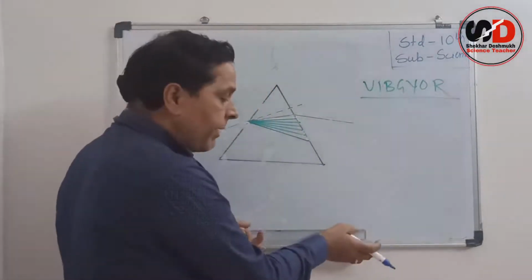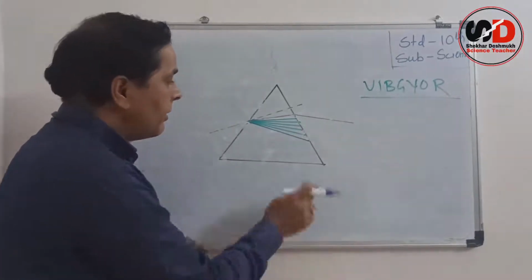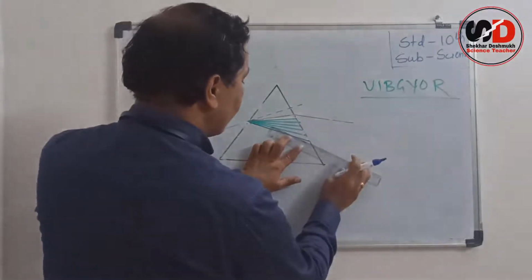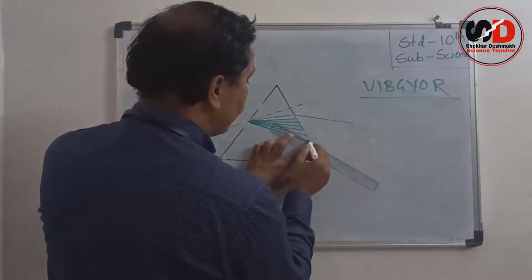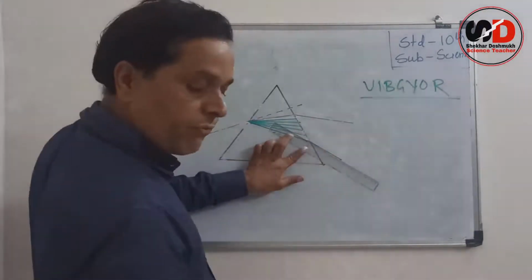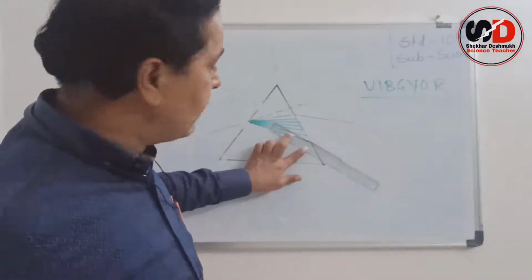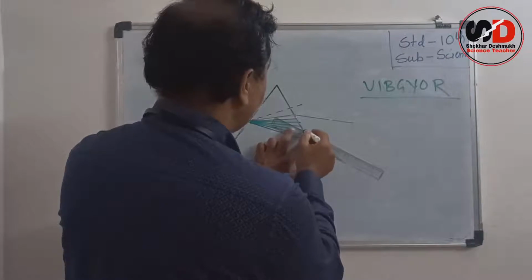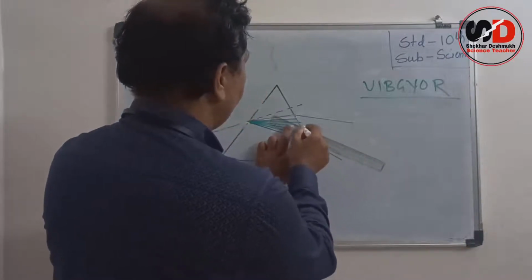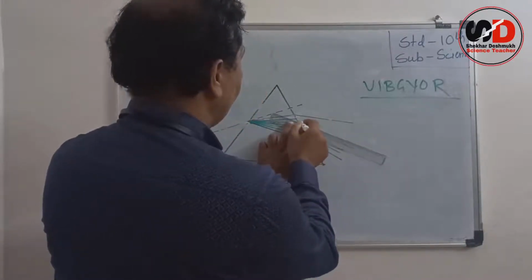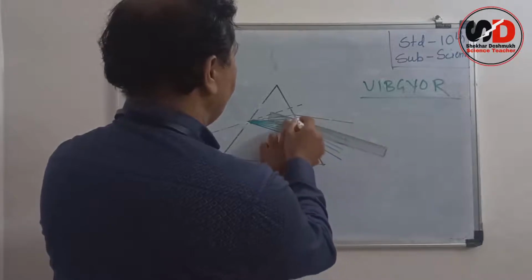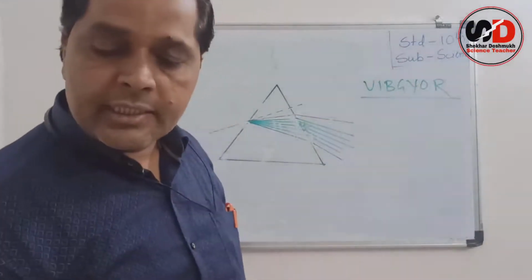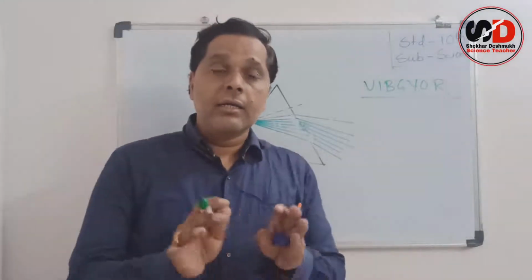And again the bending occurs at this point also, because it is traveling from one medium to another medium again. So in this way the light travels, so actually the 7 different colors are coming out.